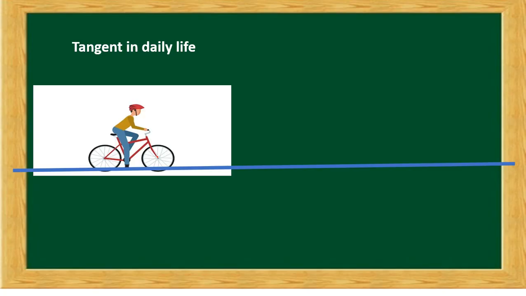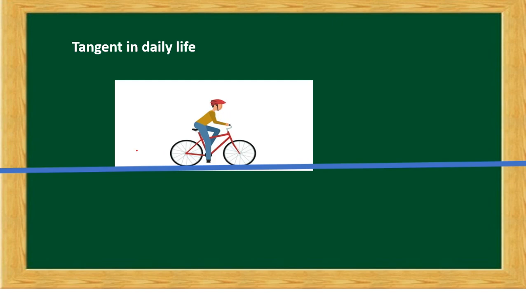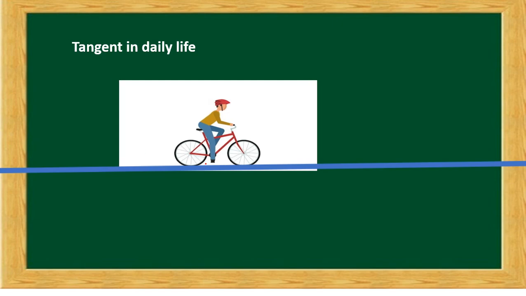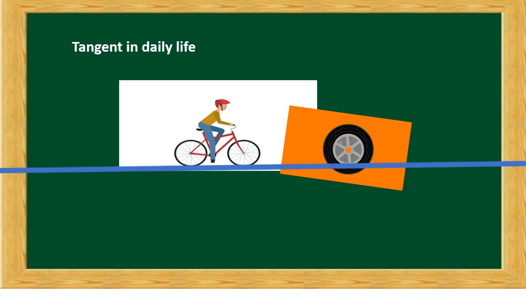Now when the cyclist rides the bicycle and the wheels of the cycle move, the center point of this wheel is this one, and this line is perpendicular.